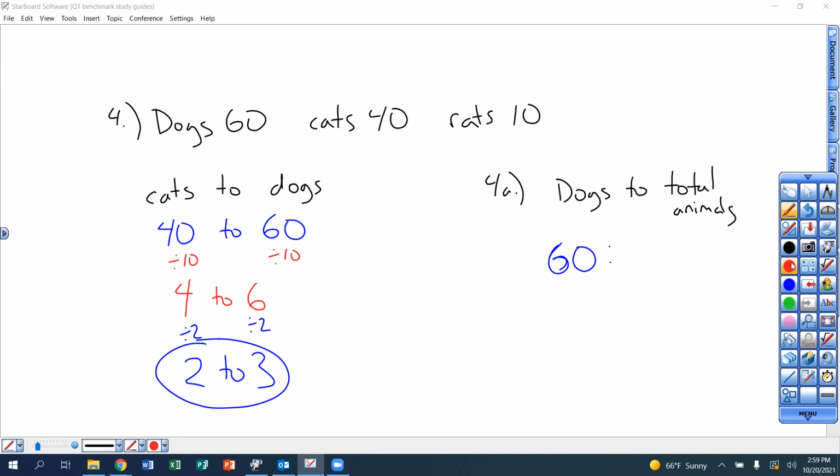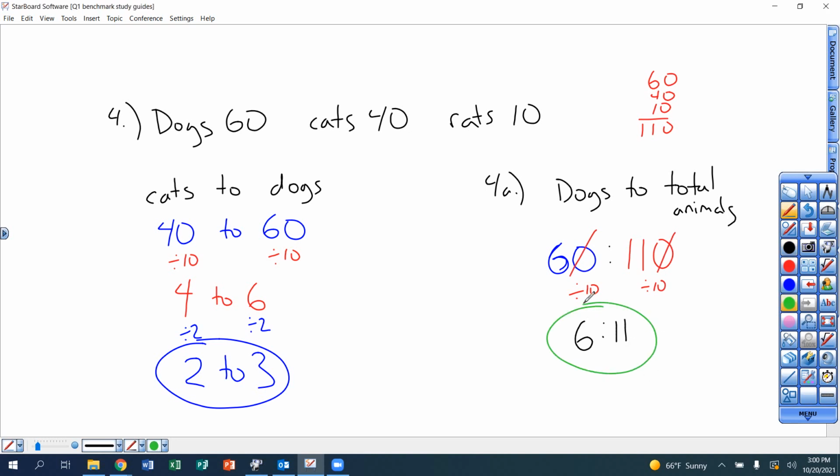And then if I add those up, 60 plus 40 plus 10, that gives me 110. If I reduce by 10, that just means you're slashing off a 0 technically. That gives me 6 to 11. That's as far as that one can be reduced.